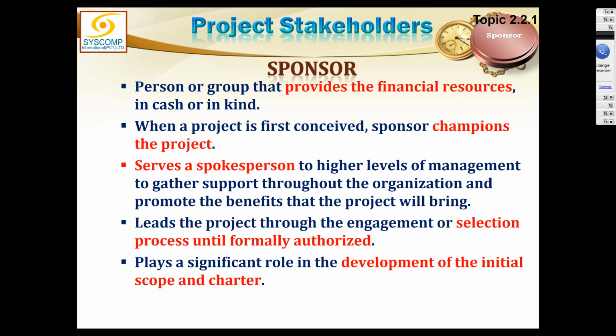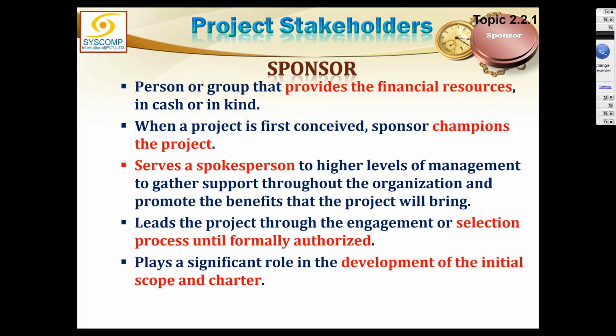Before the project manager is given the charter, the whole project has been on the shoulders of this one person. Until and unless he assigns this project to the project manager through a charter, he authorizes the project to be initiated. Till that time, he is the only one person responsible for the project.